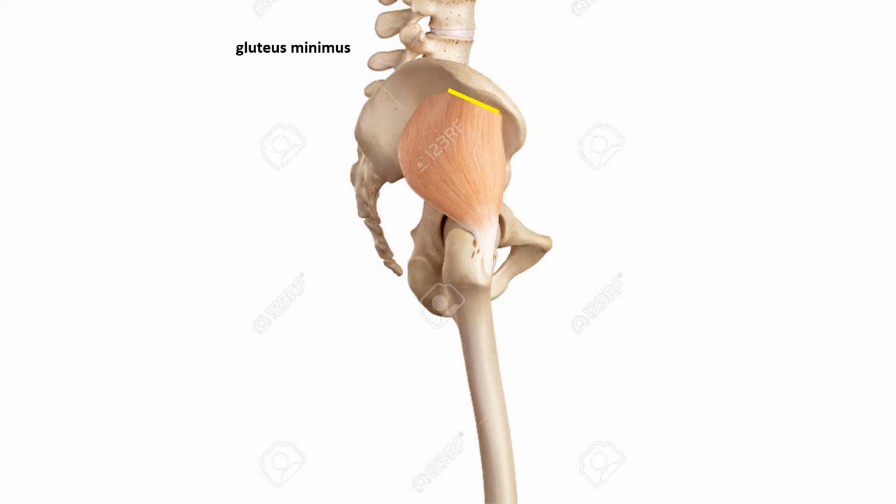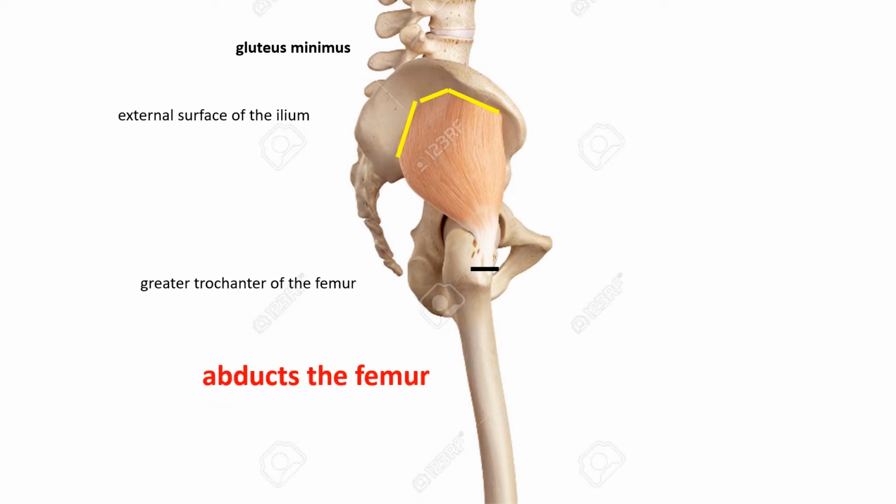It comes from the gluteal lines on the outer surface of the ala of the ilium, and it is going to insert into the greater trochanter of the femur, and it abducts the femur, and of course it abducts the hip joint, and this is the same action as gluteus medius.